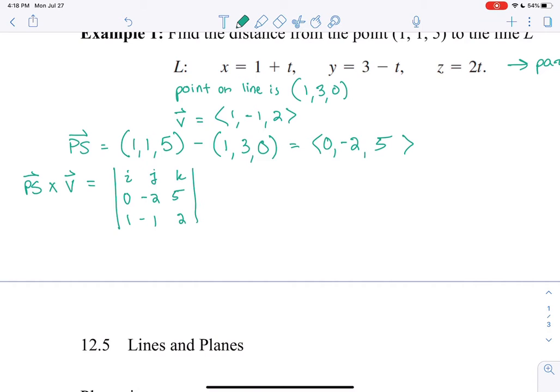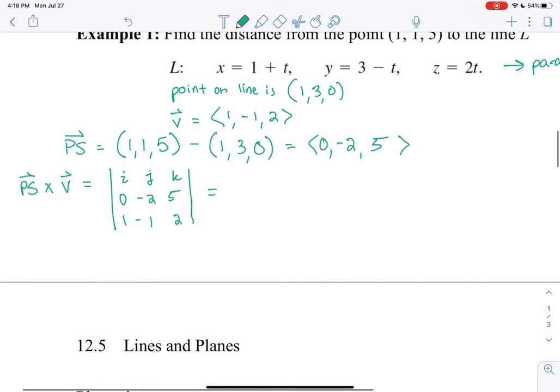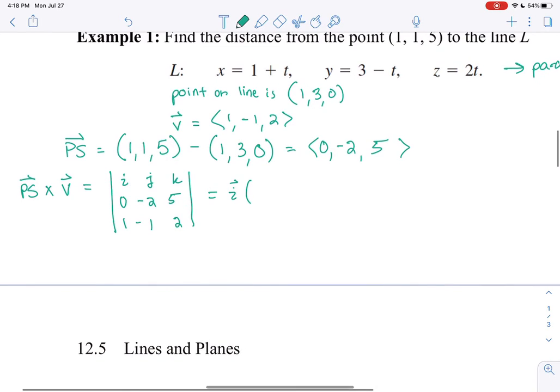Okay, so what does that come out to be? For the i component, we get negative 2 times 2 is negative 4, minus negative 5, so plus 5, comes out to be 1. Minus j times 0 times 2 is 0, minus 5 is negative 5.